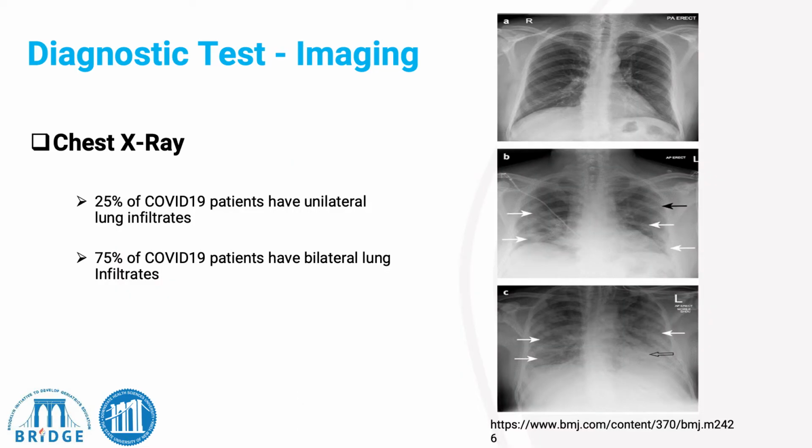So we're moving forward with the diagnostic testing. We're going to be looking at the imaging. The chest X-ray is the most convenient and least expensive test, and that's a good place to start.